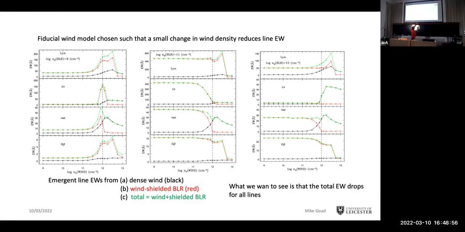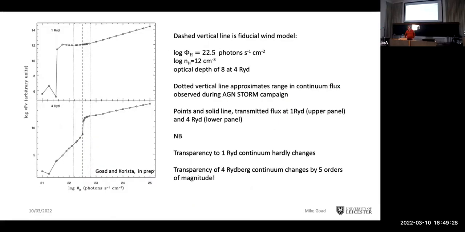This one's probably better, I think, for a broad line cloud of 10 to the 11. But you can see that the equivalent width of the carbon 4 emission is already way down. It's already gone down enormously. But in terms of the total equivalent width, that isn't always the case. So it's not clear to me, given you've got a range of gas densities behind this obscuring screen, that you do actually see an anomaly. And so we looked at this a little bit further.